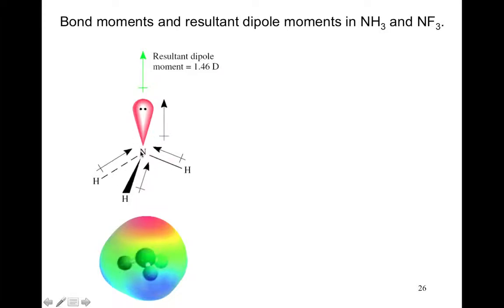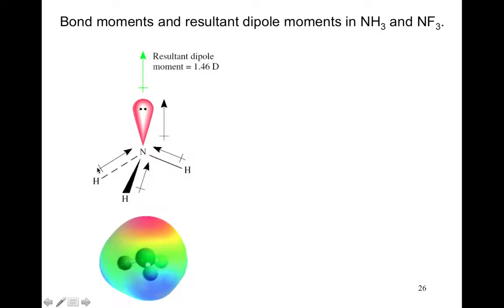And so here you say, okay, nitrogen is more electronegative than hydrogen. And so those electrons are going to be more towards nitrogen. So we draw our crossed arrow notation from hydrogens to nitrogen. And then we say the lone electron pair, there's a lot of electronegativity up there because those electrons aren't bonded to anything. So we draw an arrow from nitrogen to the lone electrons.